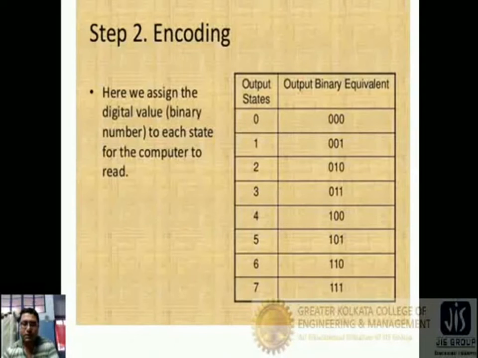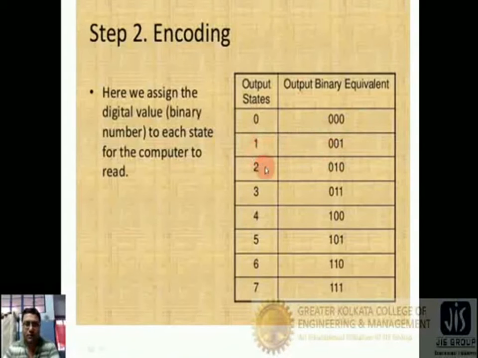There are 8 states, so a 3-bit representation is sufficient to represent the 8 states from 0 to 7, and the binary representation goes from 000 to 111. 000 represents state 0. 001 represents state 1. 010 represents state 2, and likewise 111 represents state 7.